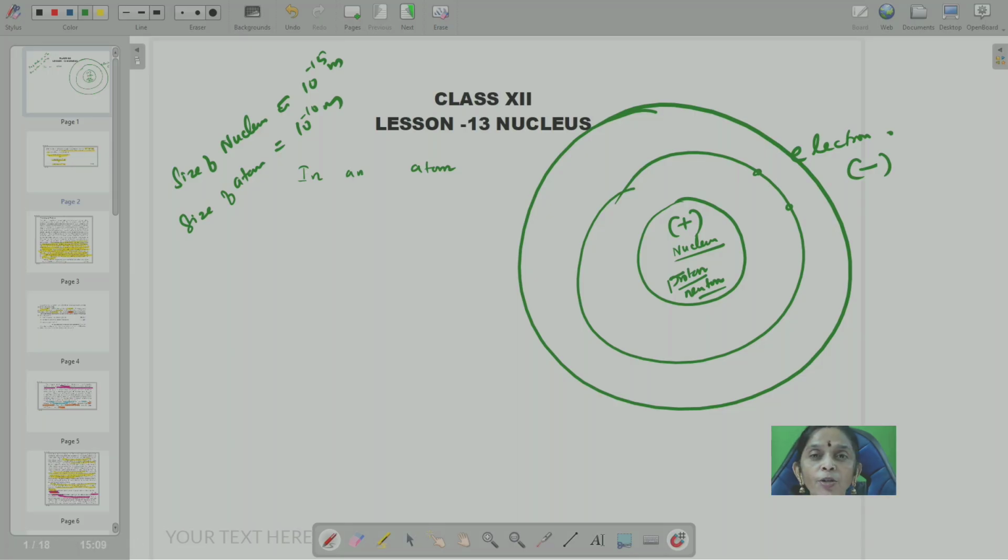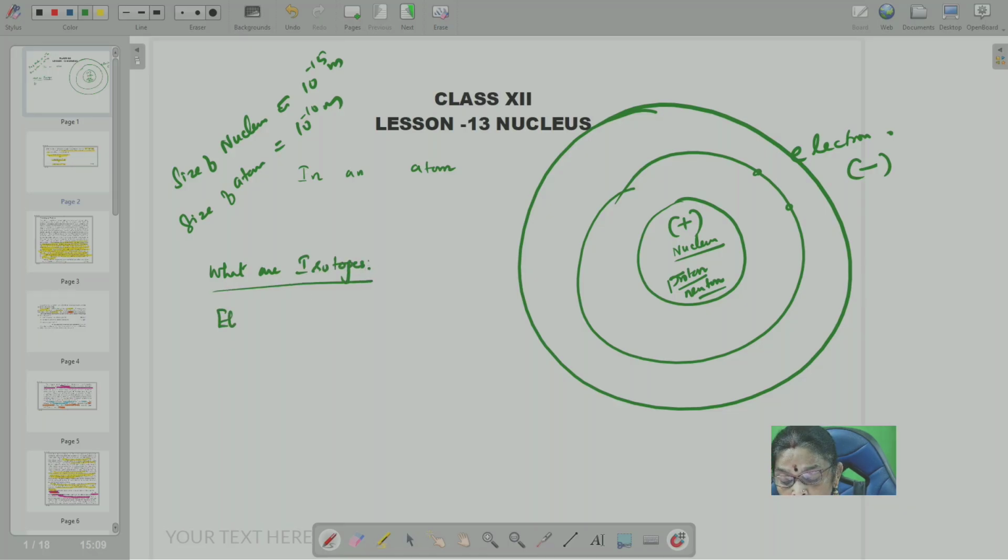Now coming to this nucleus, first and foremost thing what we are going to learn is about isotopes, isobars and isotones. So let us learn about that first in nucleus lesson. Okay, so first, what are isotopes?